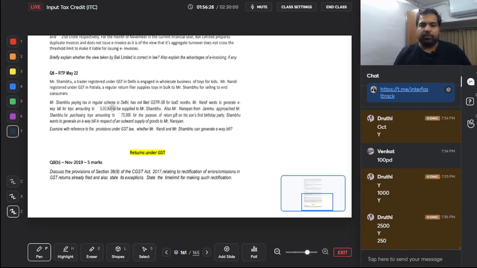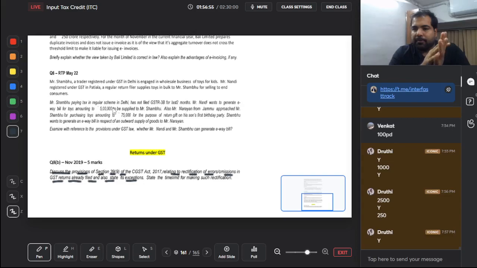Here we go. Discuss the provisions of section 39(9) relating to rectification of errors and omissions in the GST returns already filed and state the exceptions. Guys, any errors or omissions in GST returns already filed cannot be revised by revising the earlier filed GST returns. The GST return filed by one person has an impact on the credit of the other person, and hence you cannot revise returns once they have been filed.